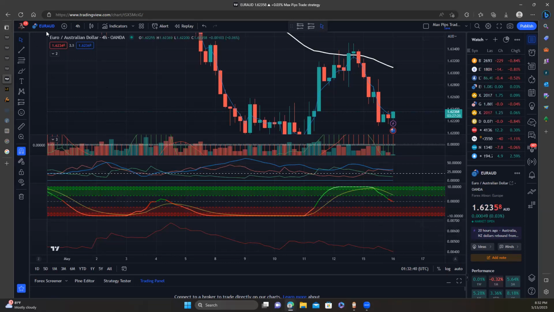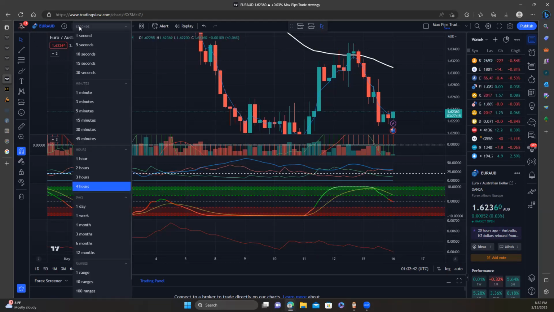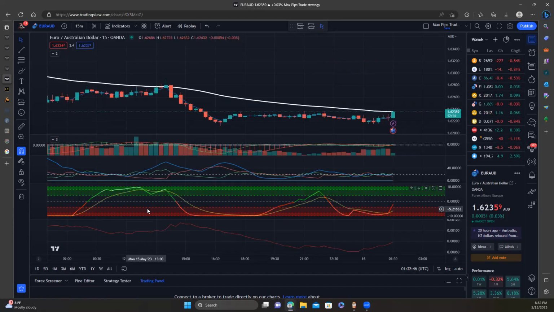But the 15 minute shows me something totally different. Now, the 15 minute does two things: it tries to emulate the 4 hour, and it also probably gives me a look into the future about what the long-term trend is going to be.